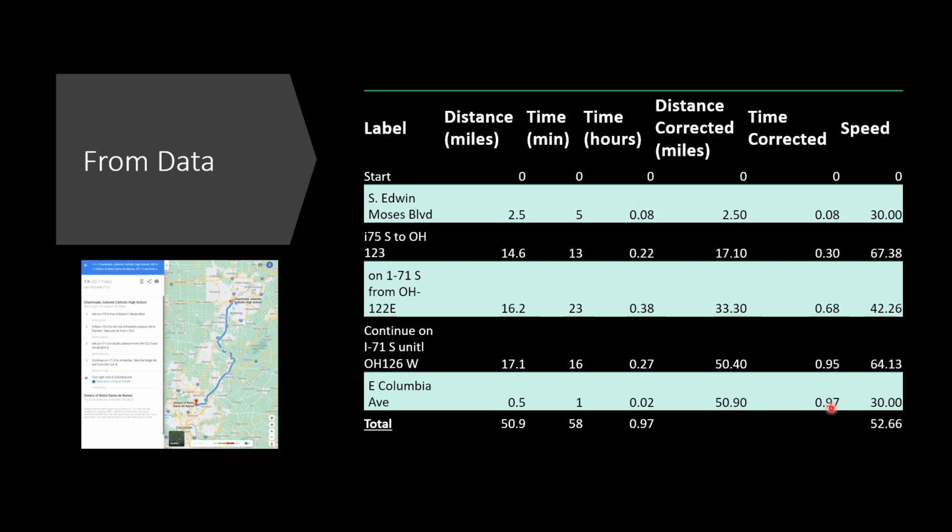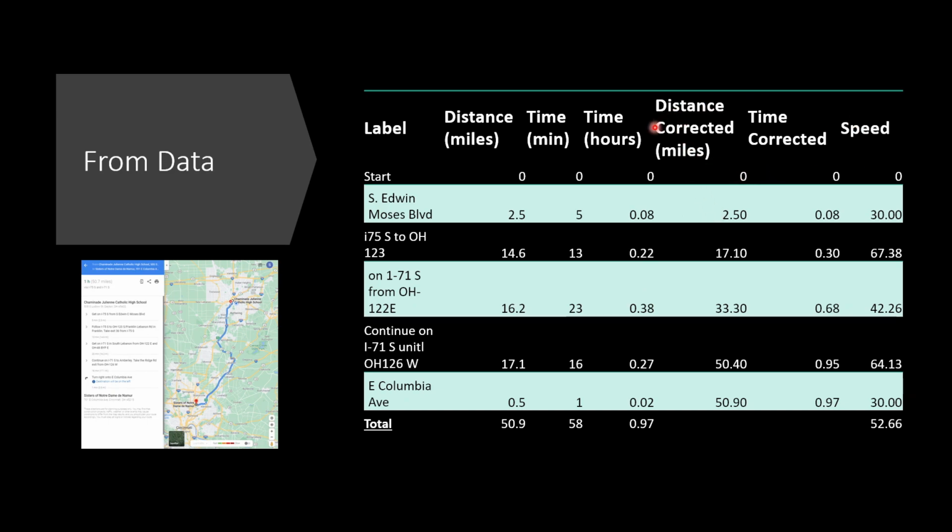Now, if I go back to the original calculations, this is my original distance as provided by Google. This is my time in minutes as provided by Google. This is the time converted into hours. You can simply do that by dividing each of these values by 60, because 1 hour has 60 minutes.